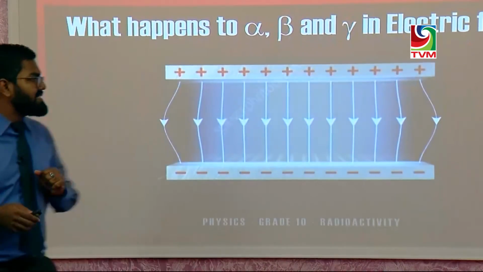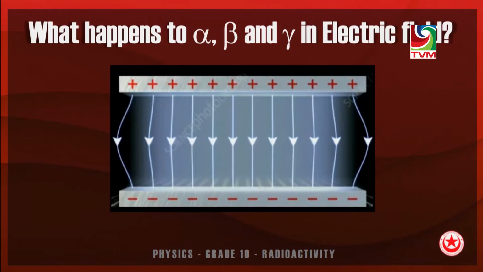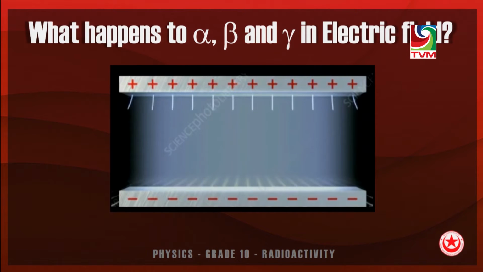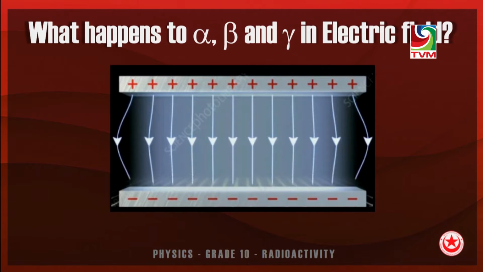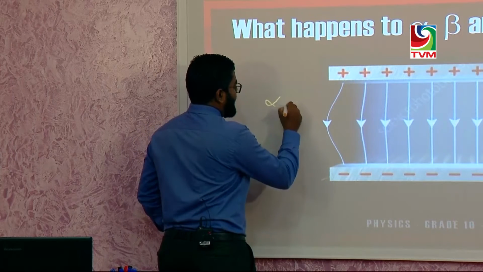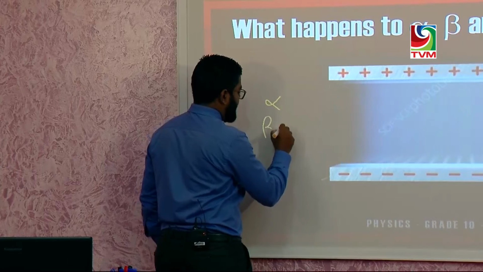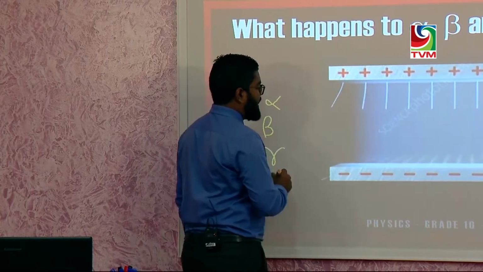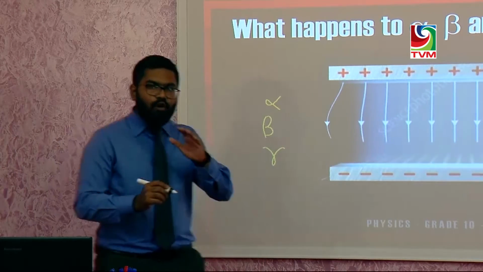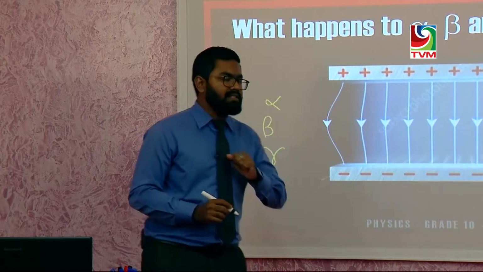In today's lesson, the first part we are going to focus on is what happens to alpha, beta and gamma in an electric field. We'll focus on one ray at a time.